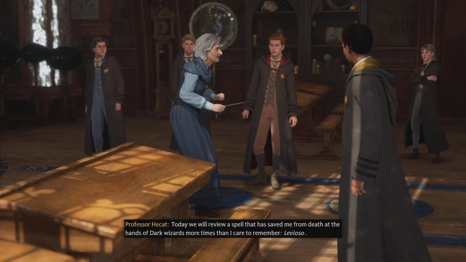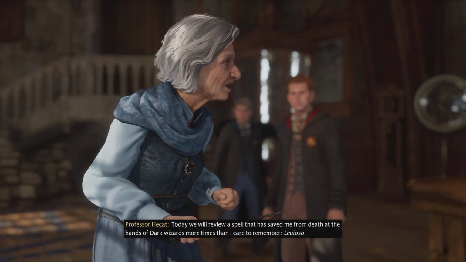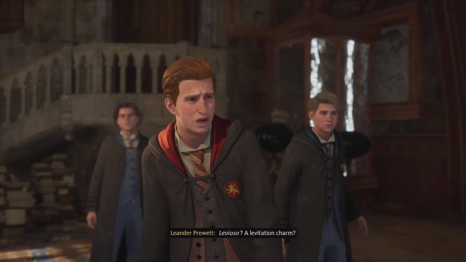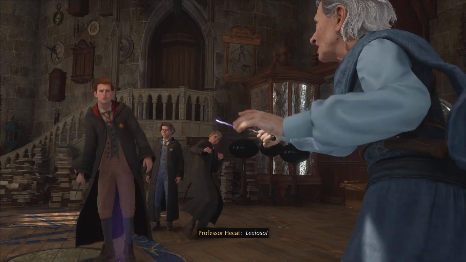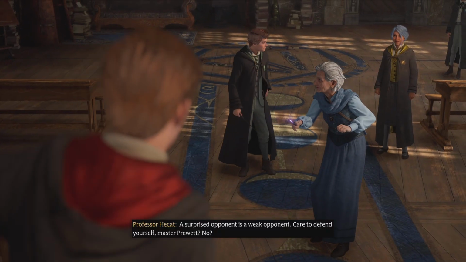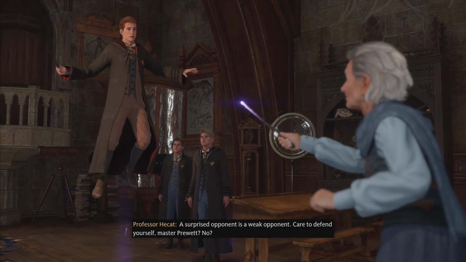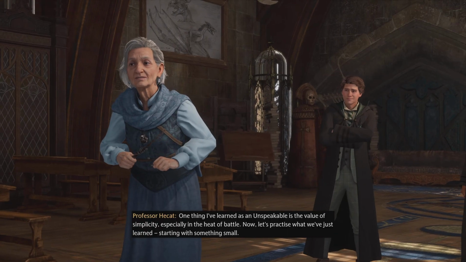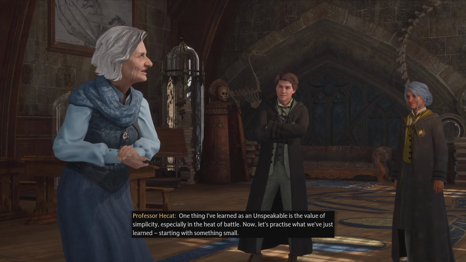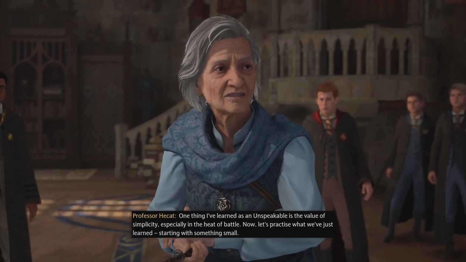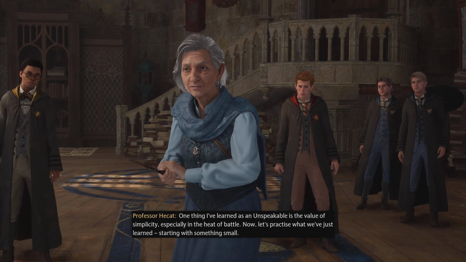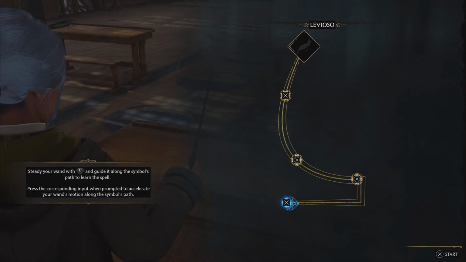Today we will review a spell that has saved me from death at the hands of dark wizards more times than I care to remember. Levioso. A levitation charm? Levioso! A surprised opponent is a weak opponent. Care to defend yourself, Master Pruitt? No? One thing I've learned as an unspeakable is the value of simplicity, especially in the heat of battle. Now, let's practice what we've just learned, starting with something small.